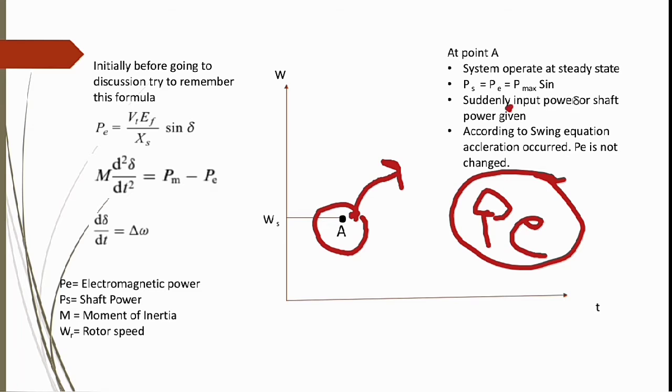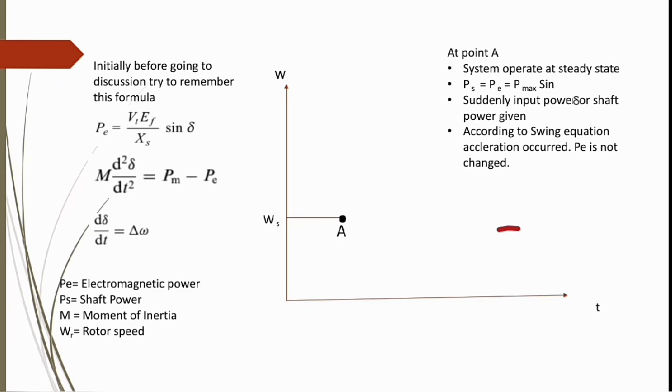Whenever the input shaft power is given, the load is not changed, so Pe is not changed at the moment we talk about point A.